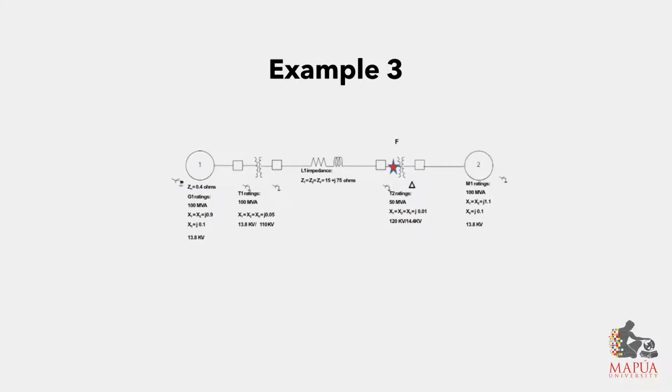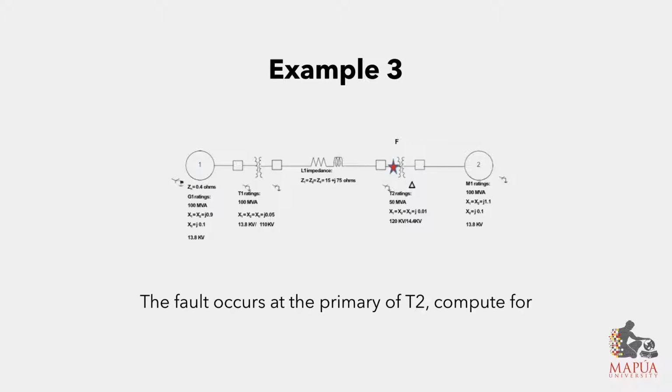Now, another example with regard to the figure in this diagram: the fault occurs at the primary of transformer T2, and we need to compute the single line to ground fault. Given this diagram, the fault point occurs at the primary side of the Y grounded delta transformer T2.